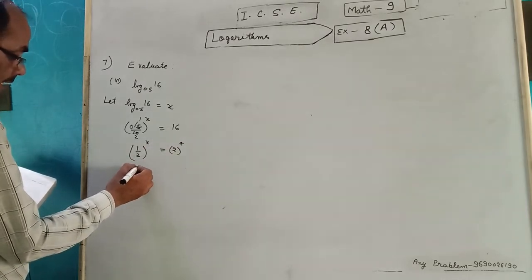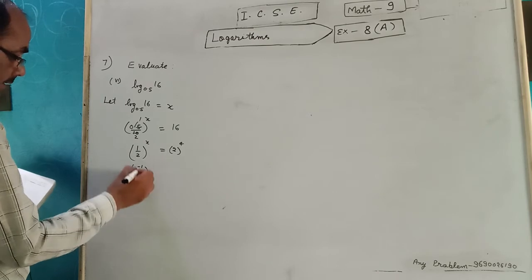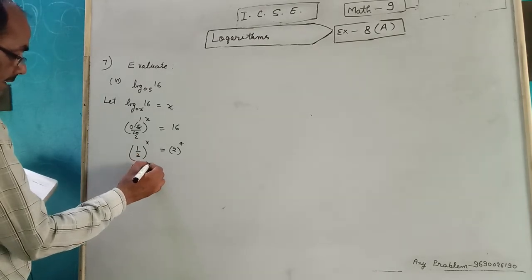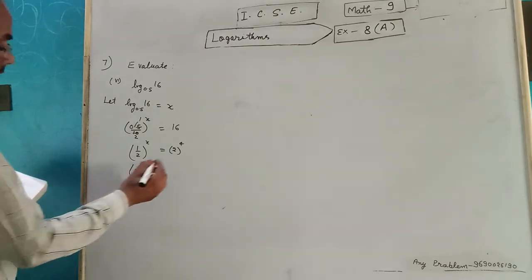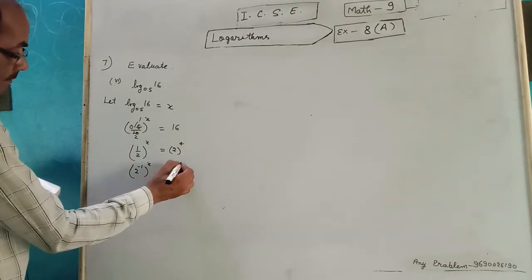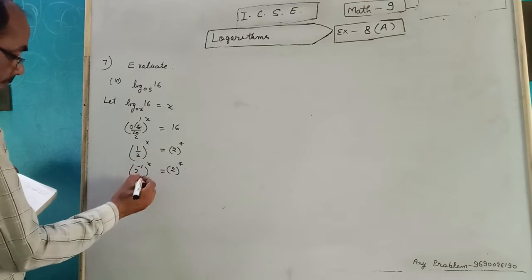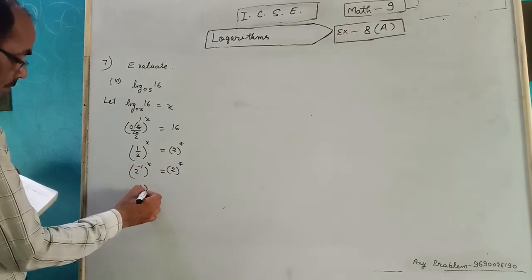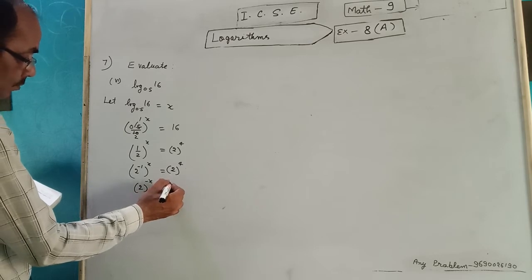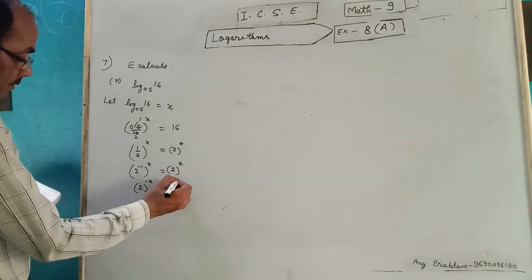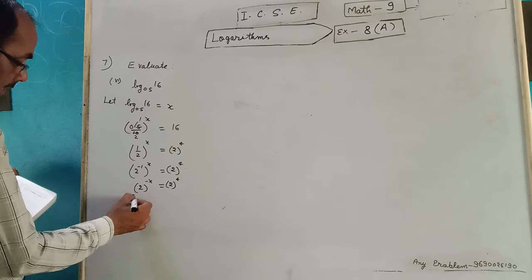Power 2 as power minus 1. Change the sign, reciprocal, 2 as power 4. Multiply the power, 2 as power minus x is equal to 2 as power 4. Bases are equal.